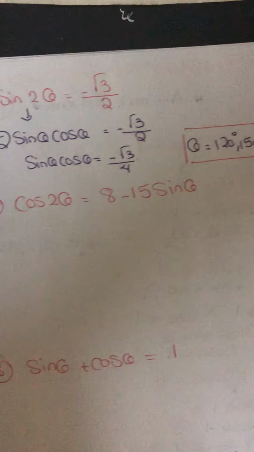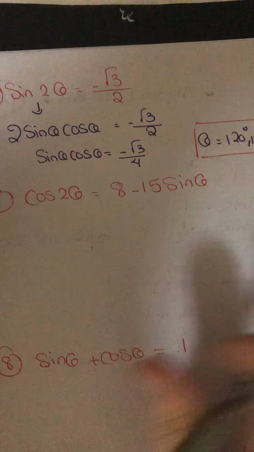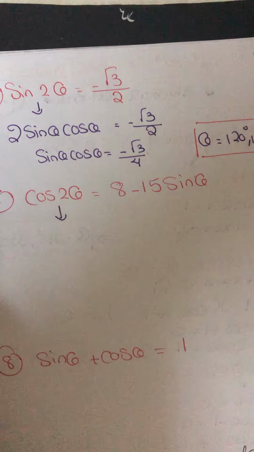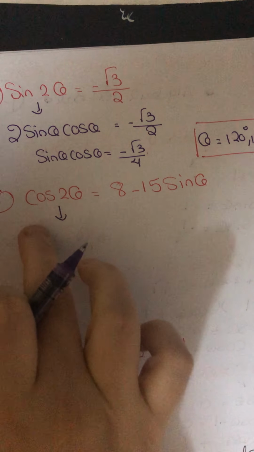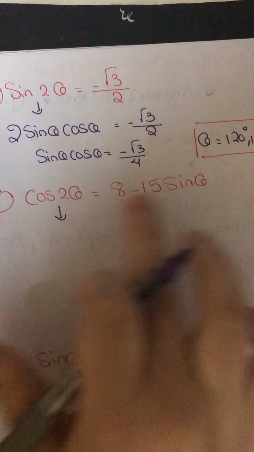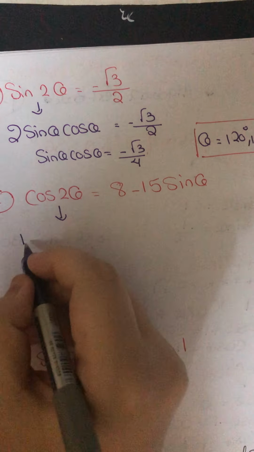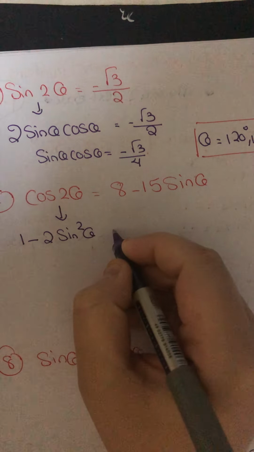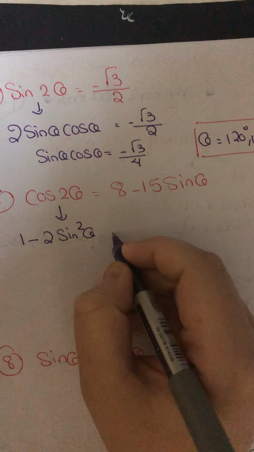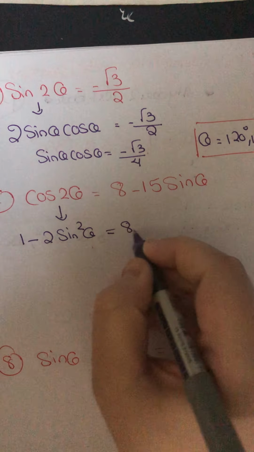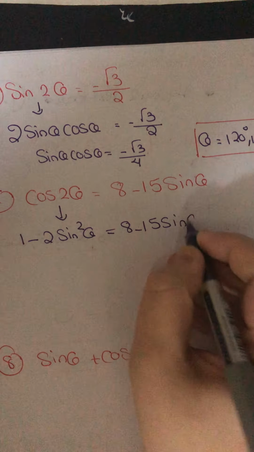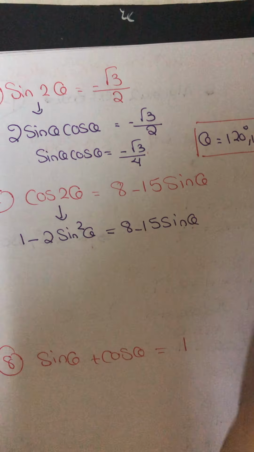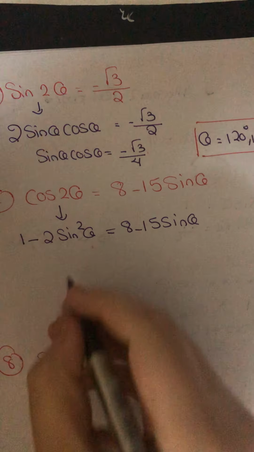Okay, here they said cosine 2 theta equals this, and I know one of the forms of cosine 2 theta that can be changed into sine, which is 1 minus 2 sine squared theta, equals 8 minus 15 sine theta. I would always prefer the squared one to be positive, so I'm gonna take everybody to the right and set them equal to 0.